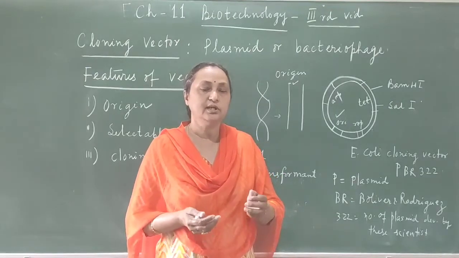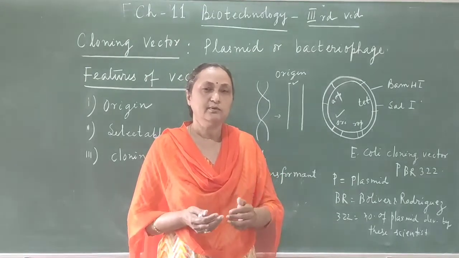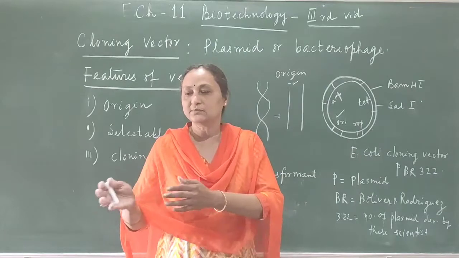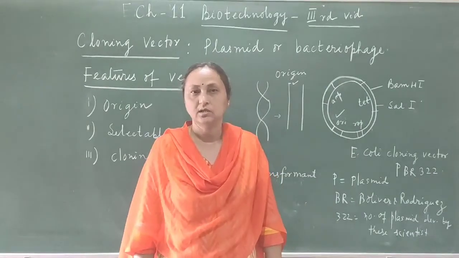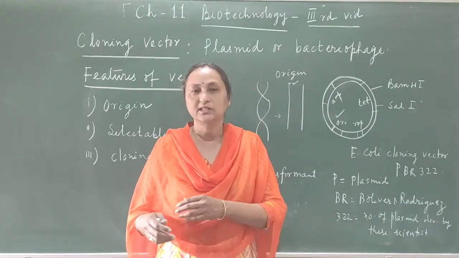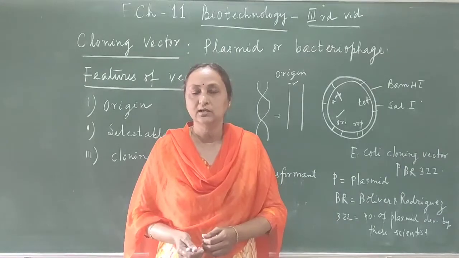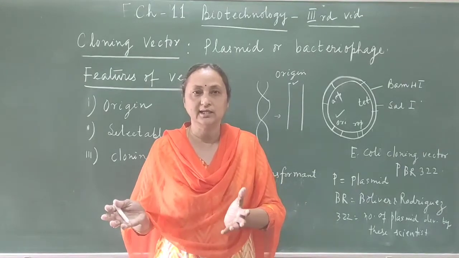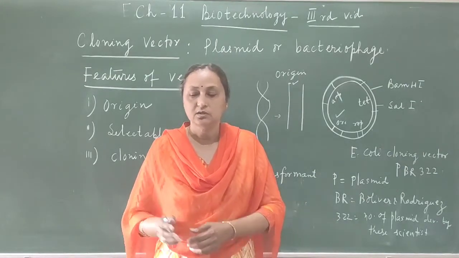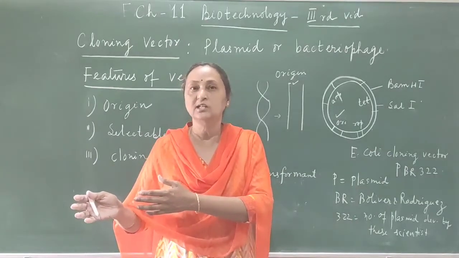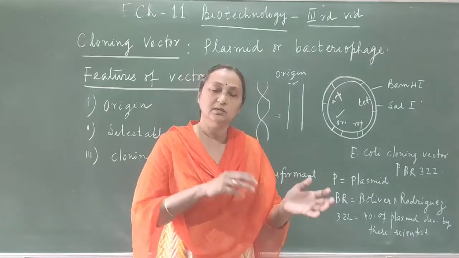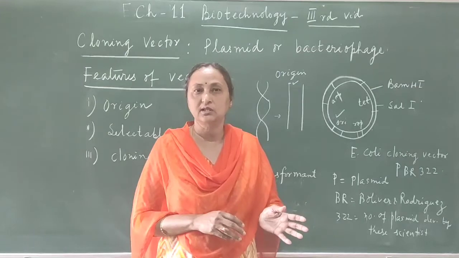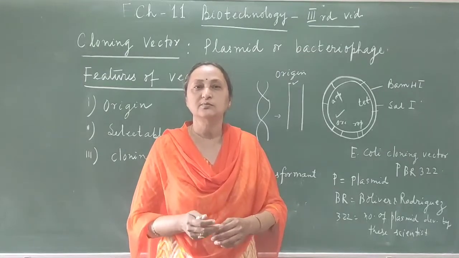As I told you, if we join a foreign DNA in the plasmid, and the plasmid enters the host cell, then in the host cell the plasmid will exhibit that particular character and the cell will also show that character, which can be observable. So this host cell is called a transformant, and the original cell in which the plasmid is not there is called a non-transformant.